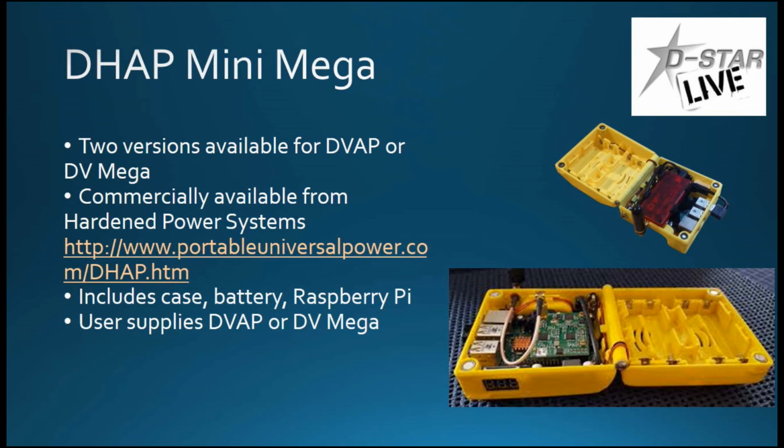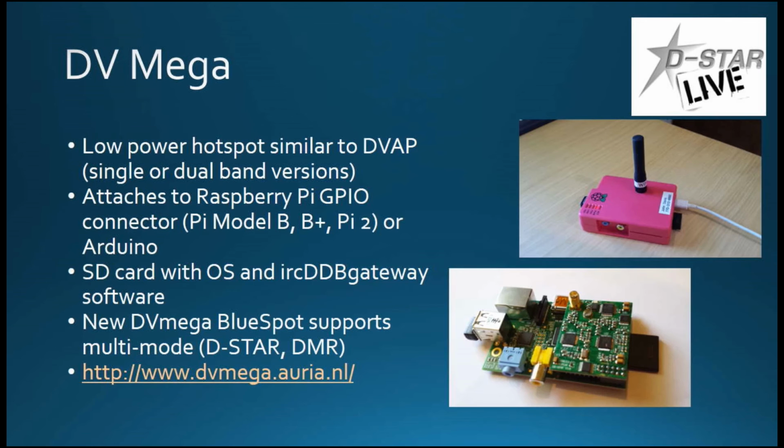There were two versions of this, one that had the DVAP and another one, which we'll talk about, that holds another device that connects to the Raspberry Pi. Along came the DVMega, which was a daughter board, and it provided the DVAP functionality, but it plugged into the I/O connector of a Raspberry Pi.